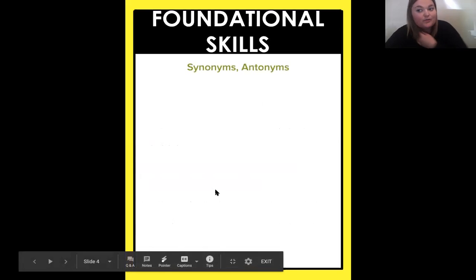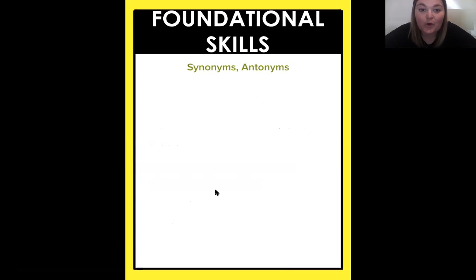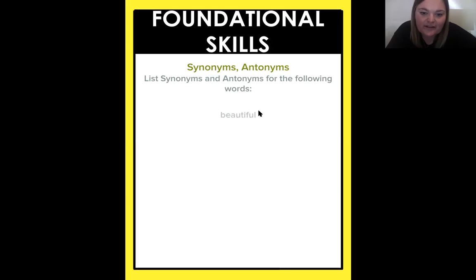All right, so for our foundational skill today, we are learning about synonyms and antonyms. Now remember, synonyms mean the same. So those are words that have the same meaning. Antonyms mean the opposite. So we are going to look at these words and figure out what is a synonym and what is an antonym.